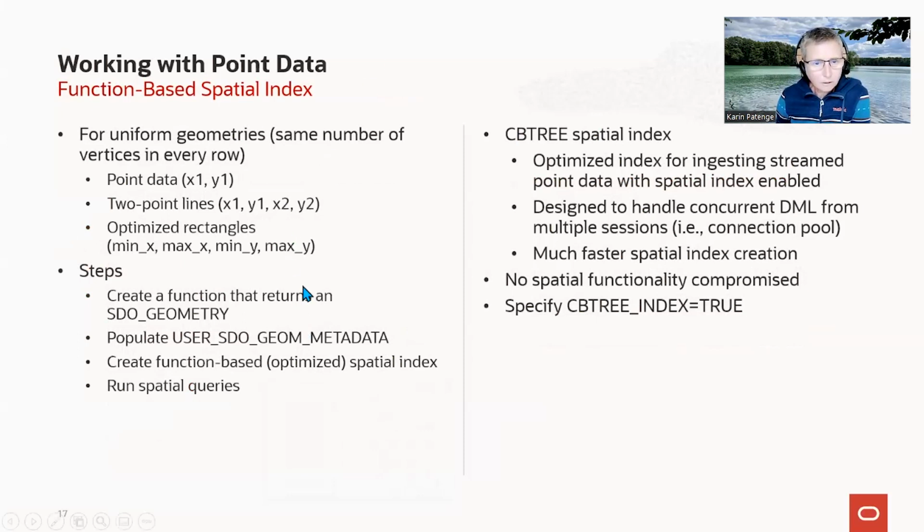So I told you before, when storing point data, or also lines defined by just a starting point and an end point, or an optimized rectangle, which has a point in the upper left corner, another point in the lower left corner, and one in the upper right corner. This is what we call an optimized rectangle.